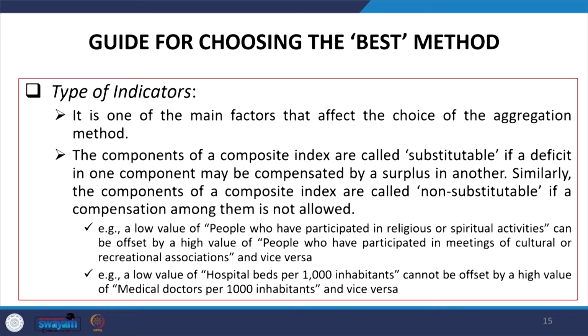For example, a low value of people who have participated in religious or spiritual activities can be offset by a high value of people who have participated in meetings of cultural or recreational associations, and vice versa. Another example is that a low value of hospital beds per 1000 inhabitants cannot be offset by a high value of medical doctors per 1000 inhabitants, and vice versa.